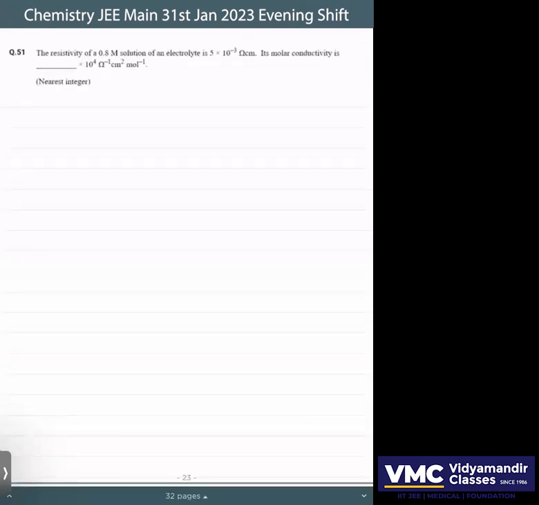Next question. The resistivity of a 0.8 molar solution of an electrolyte is 5 into 10 power minus 3 ohm centimeter. The molar conductivity we have to calculate. So, the molar conductivity will be kappa into 1000 by M. The value of kappa will be 1 by resistivity. Value of resistivity is given to us as 5 into 10 power minus 3, and the molarity is given to us as 0.8.